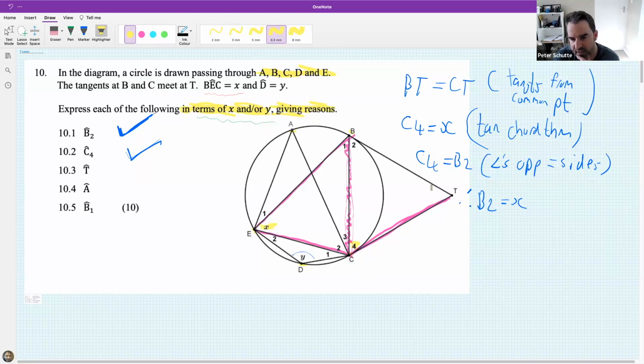But because this is a tangent from a common point, we know that that and that length are the same. So therefore, C4 will be equal to B2. Or, they're both going to be equal to X. So another way of writing this is to say that's X. This is X. Therefore, that is X. And so we've answered B2 and C4. So that's what I've used to write it up.